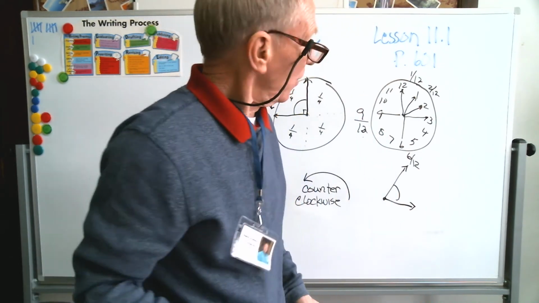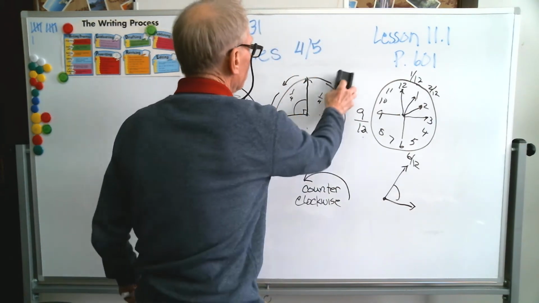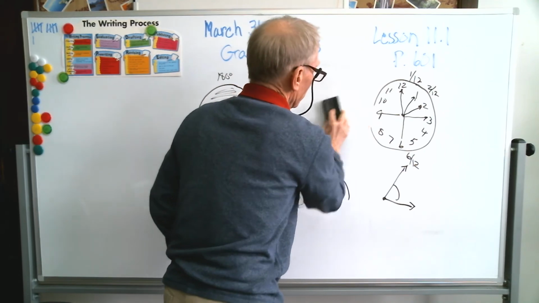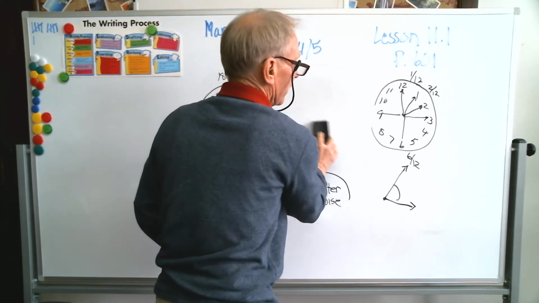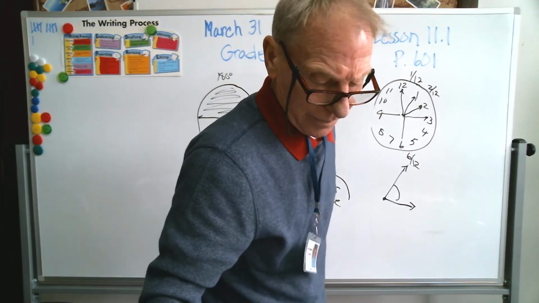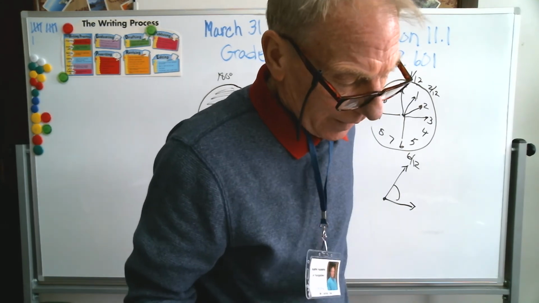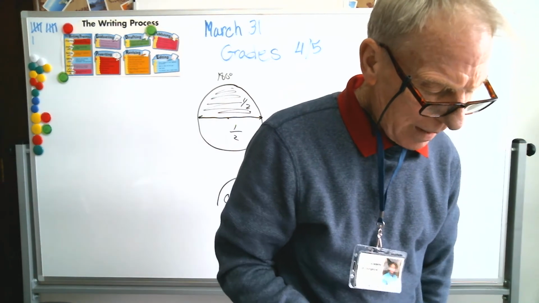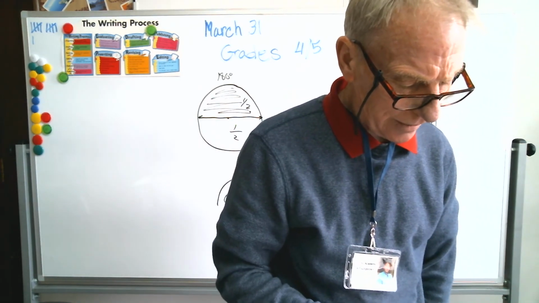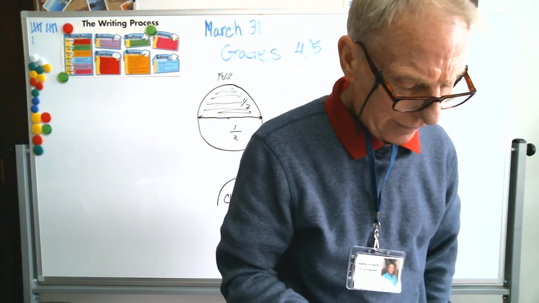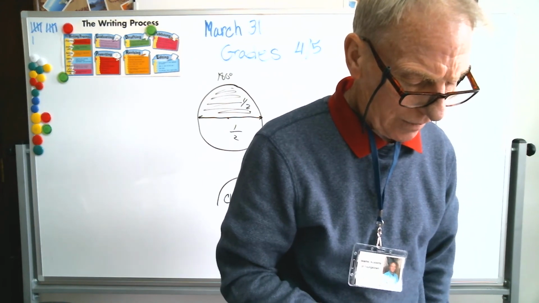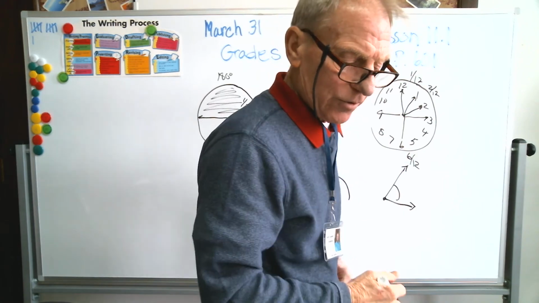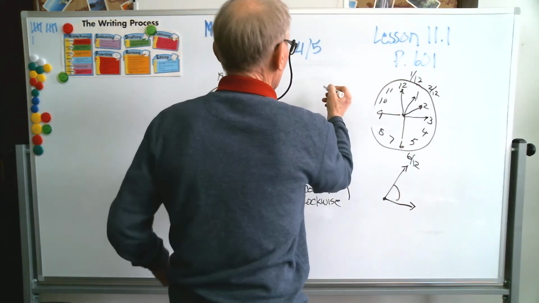Let's just take a look at one of the problems in the book. On page 604, Malcolm drew this angle on the circle, which of the following describes the angle. Mark all that apply. Well, if you look at the circle, here's what appears in the book.